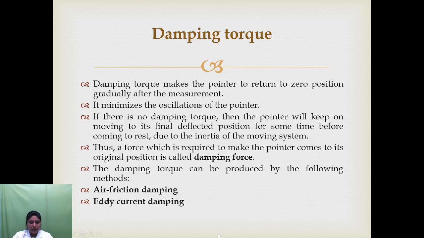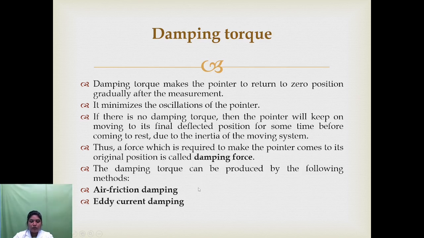When the moving system oscillates about the final steady position with decreasing amplitude, and it takes some time to come to rest, that is called under damping. When the moving system moves rapidly but smoothly to its final steady state position, it is called critically damped. Another is over damped: when the instrument is over damped, the moving system moves slowly to its final steady state.